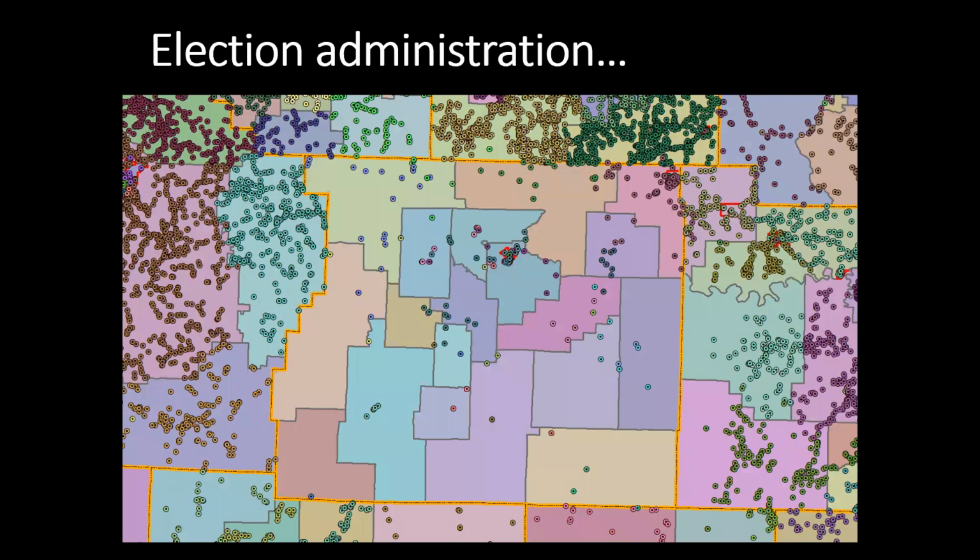So if you're going to have issues with this type of data, it's probably going to come from one of two sources. In this case, you see this is a county in Arkansas, and in the surrounding counties you see a lot of dots. And the county right in the middle is pretty sparse. Well, that doesn't have anything to do with this county having a low population. It has everything to do with the fact that there are some issues with this particular county's address data, and the geocode didn't work well.